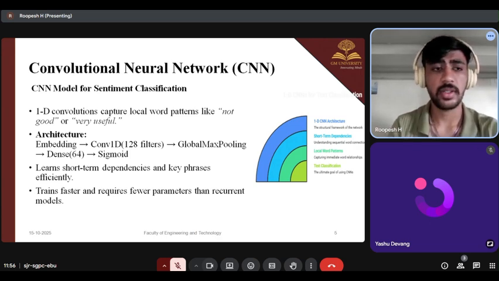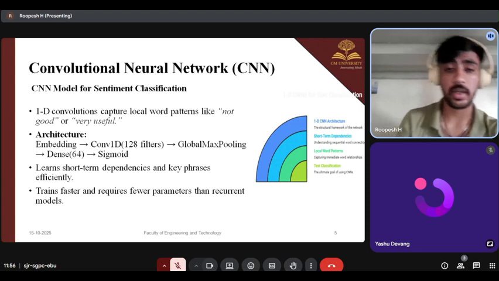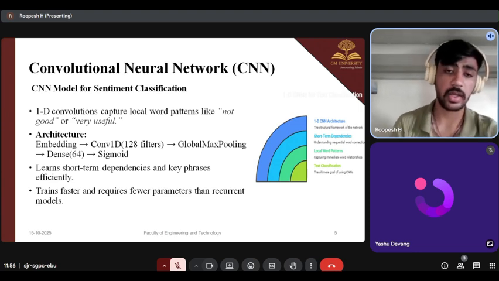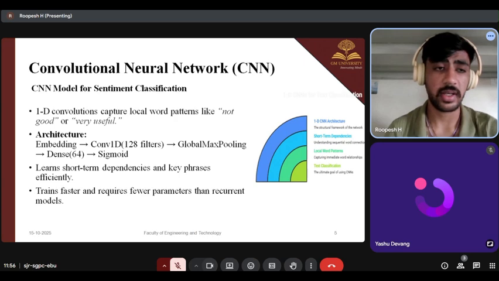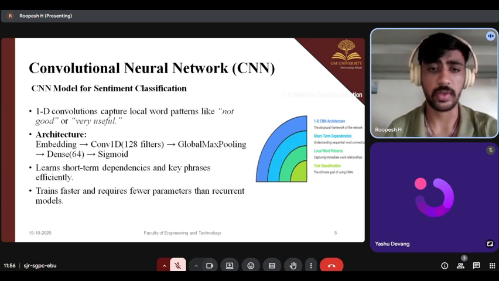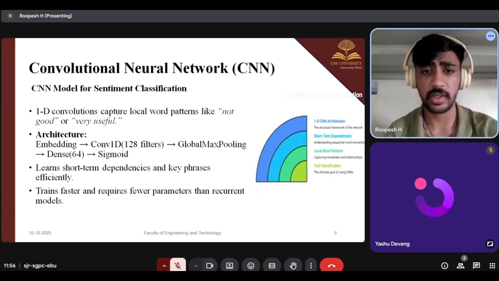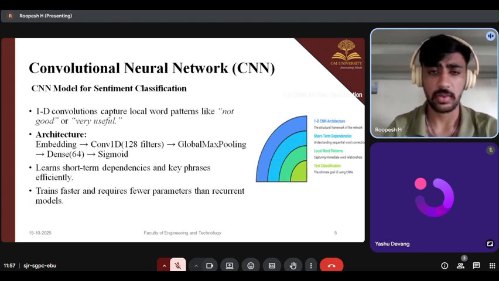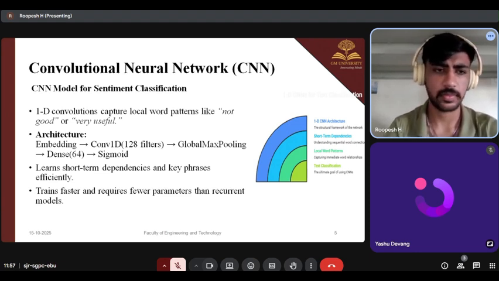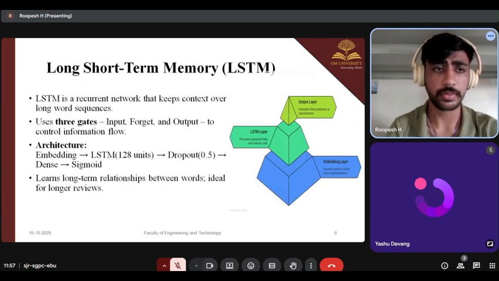The CNN architecture used here includes an embedding layer, a Conv1D layer with 128 filters, followed by global max pooling and a dense layer with a sigmoid activation. The CNN learns short-term dependencies efficiently and trains faster compared to the LSTM model. So this is about the CNN.